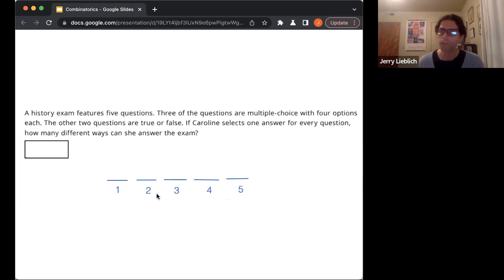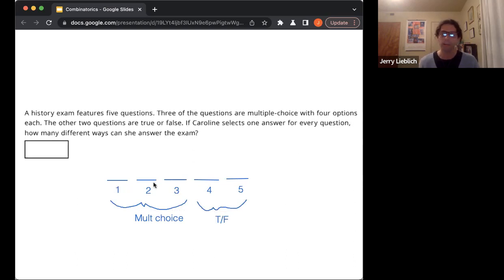And that's important to recognize because if you're thinking about taking a test, if I put A, B, C, that's different than if I put B, C, A, right? So each of these is different. And we can say that the first 3 are going to be multiple choice. And then the last 2 are going to be true or false.